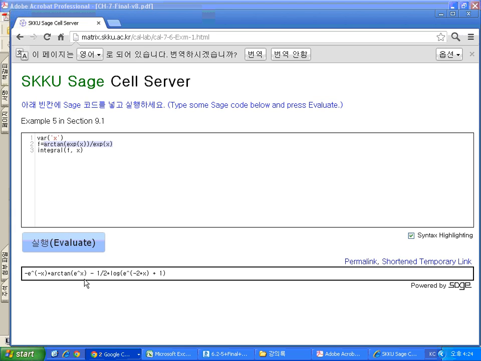If this command doesn't work, then what are you supposed to do, Mr. Lee? When you give the function here and try to find the integral of it, if it does not work, then what are you supposed to do?